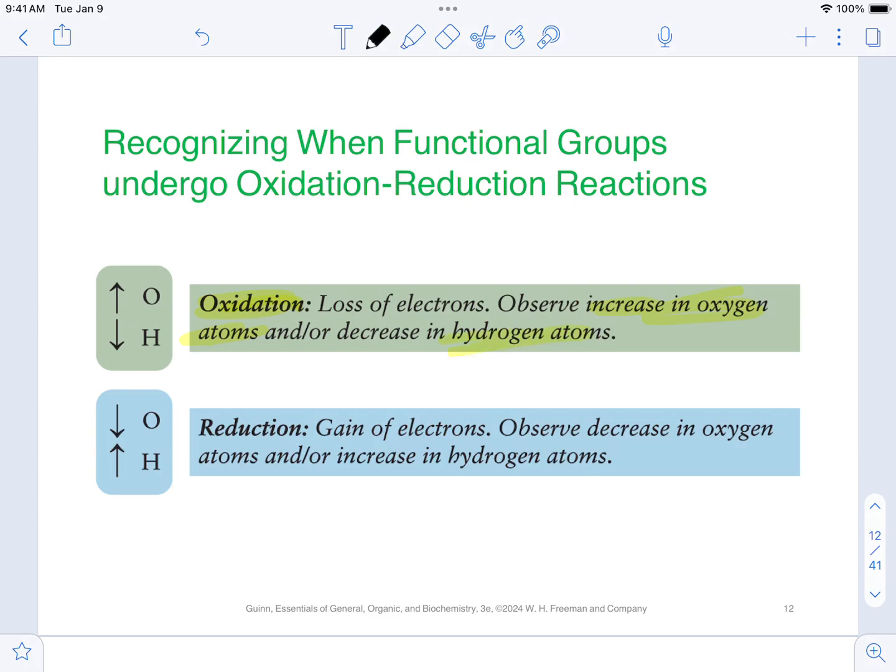I like to think of this as: in oxidation, your O's increase. And your H's do the opposite. With reduction, as you might imagine, it is reversed. Your oxygens would go down and your hydrogen atoms would increase. So that's what we're going to look at with organic substances, what's happening to the O's and the H's.